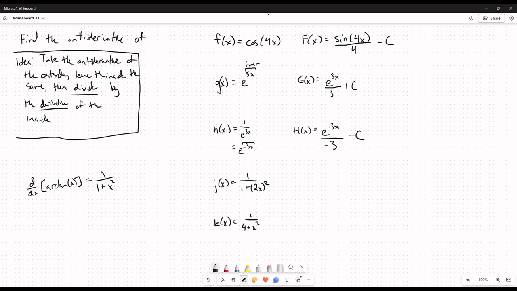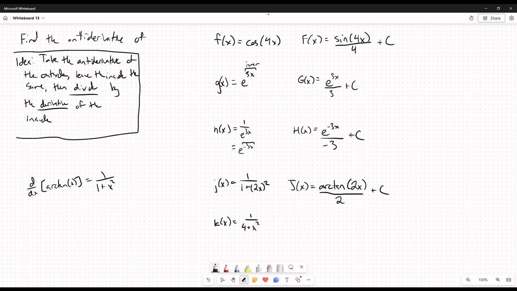My inner is this 2x. So when I take the antiderivative of the outside, I'll have arctangent. But we'll leave the inside the same, 2x. Then we're going to divide by the derivative of the inside, that's divide by 2. Then we add our constant plus c.